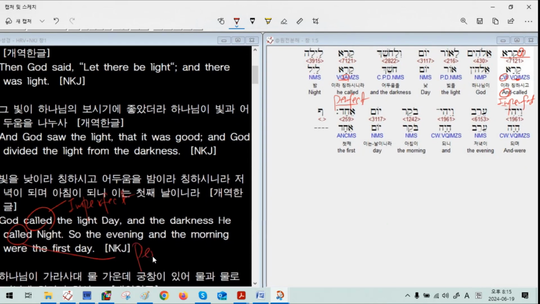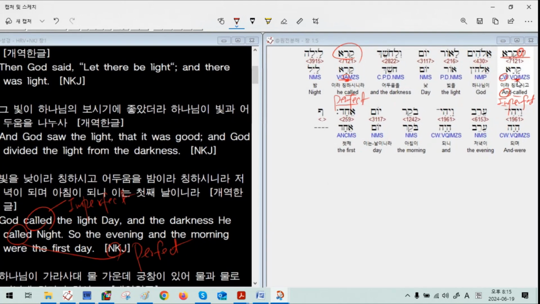This is a perfect, right? You saw that. BQA, BQI, right? That's why kara is the perfect, yod, ikra is the imperfect. So not only New King James, but also King James Bible.